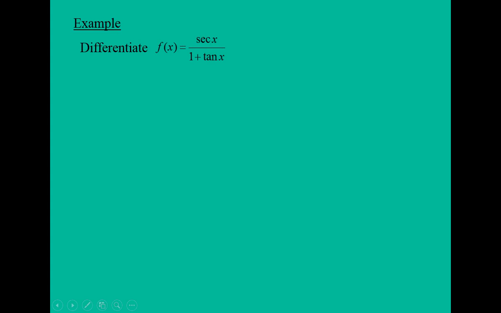Differentiate the secant of x divided by 1 plus tangent of x. For what values of x does the graph of f have a horizontal tangent? Let's discuss both of these independently. If we're trying to differentiate f of x, it appears we're going to have to use the quotient rule.